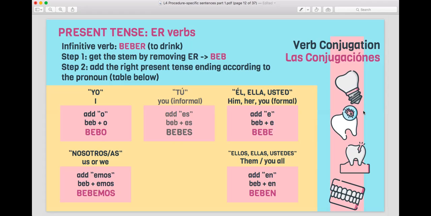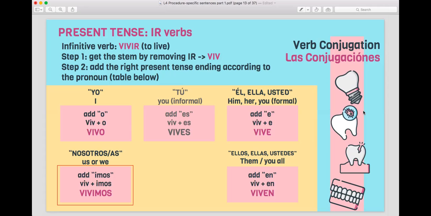And then next slide, we have the ER, and it's the verb beber, which means to drink. We're going to say yo bebo, tú bebes, él, ella, usted bebe, nosotros o nosotras bebemos, ellos, ellas o ustedes beben. And then the IR verb, which is very similar to the ER, except for the we form.